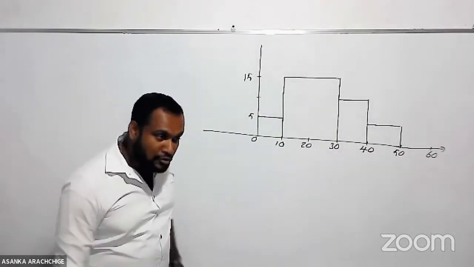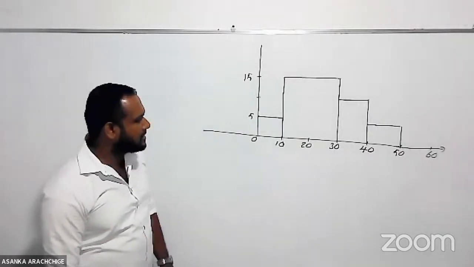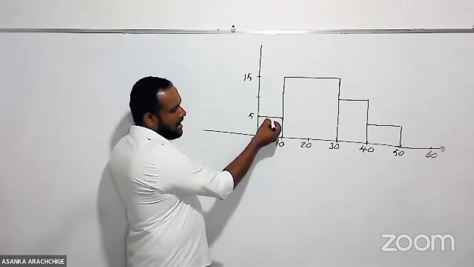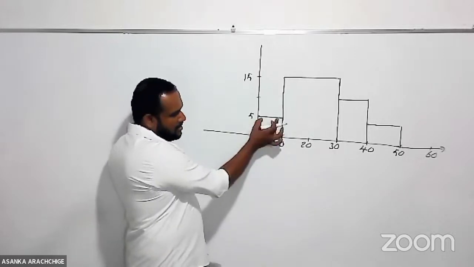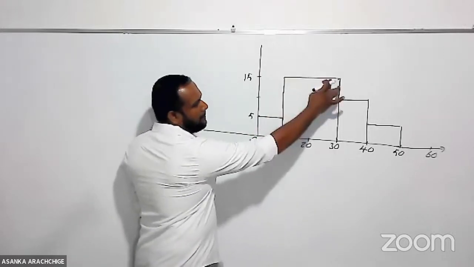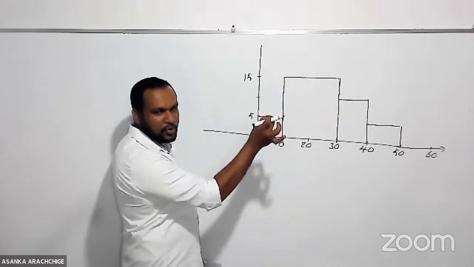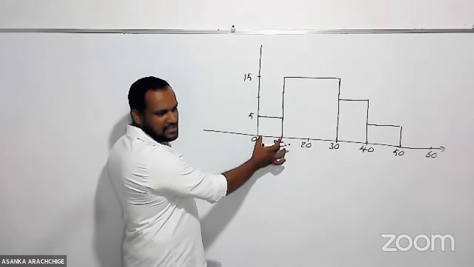Now, what do we have to do? We have to get the frequency polygon from this. Very simple task. We have to mark the midpoint of the upper horizontal line of each column, according to the smallest class interval.